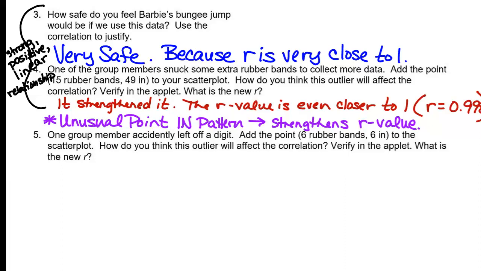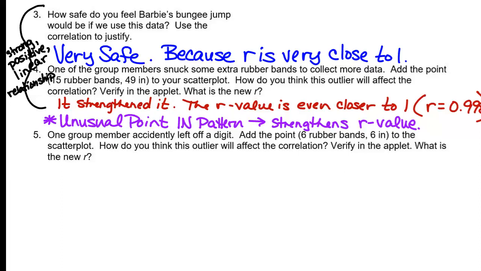It has 2 unusual features. Does one of those unusual features follow that linear pattern? One of them does. Do both of them follow that linear pattern? No. So here we have one unusual point that is in the pattern, and we have another unusual point that is not in the pattern.